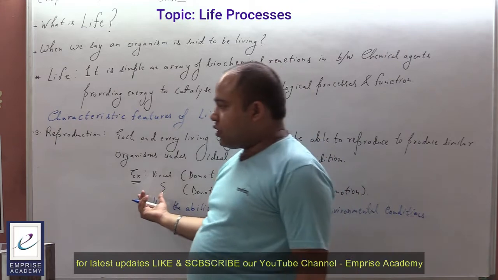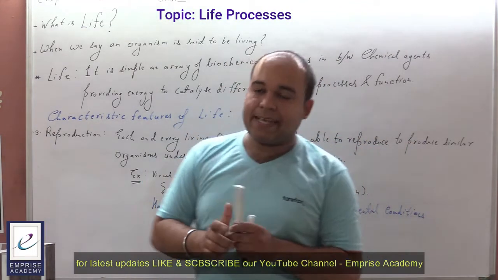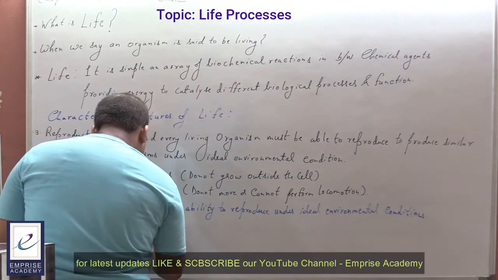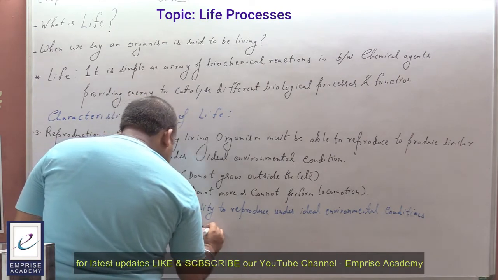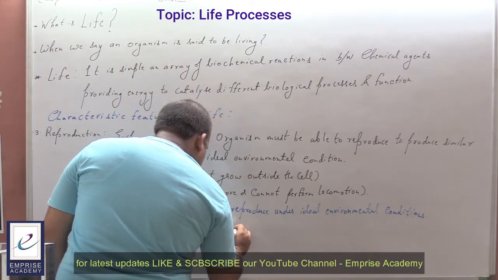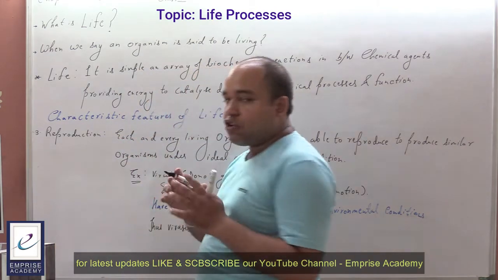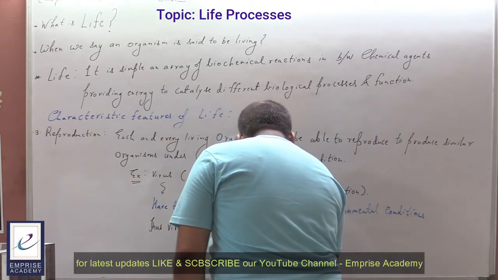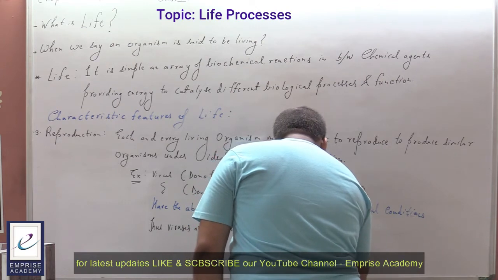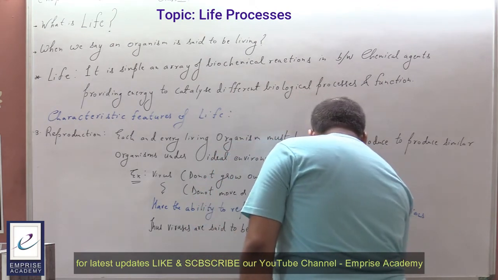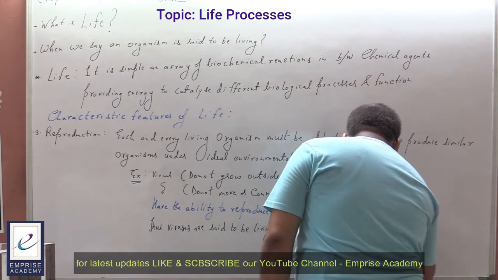So viruses are considered to be living when coming in contact with their host cell. Thus, viruses are said to be living when these come into contact with their host cell.